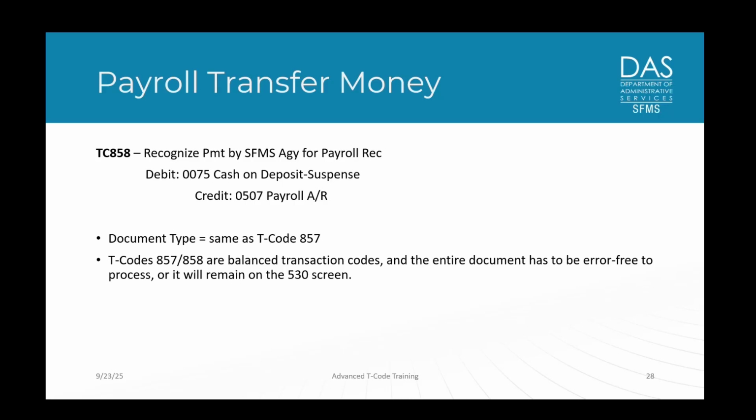So we said T-code 857 and 858 will go through at the same time. So document type will be the same as 857 because these two are the balance transfer. And again, the batch would not clear until all the transactions are clear of errors.